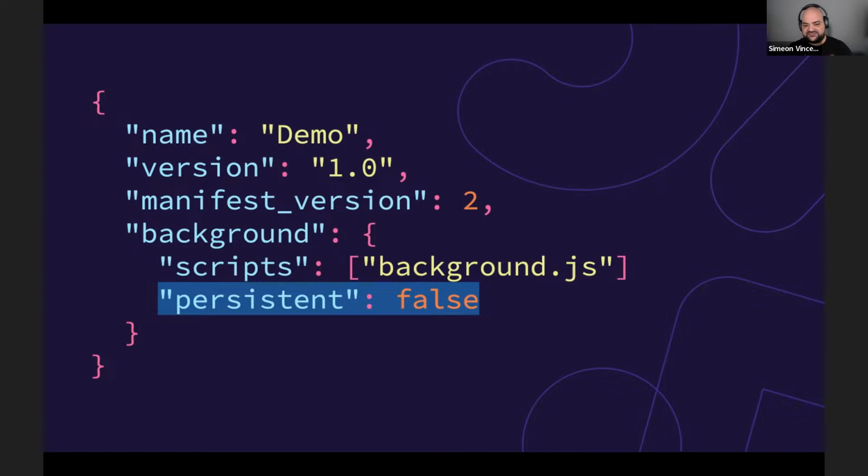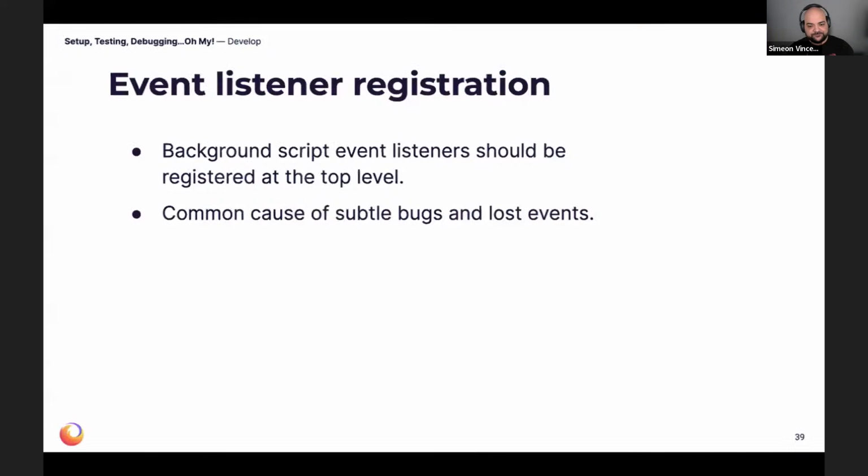In Manifest v3, persistent is assumed to be false, but in Manifest v2, you have to explicitly choose to enable this feature. So please do. It will help you better understand how the extension platform is working, and it will lead to fewer surprises and subtle bugs.